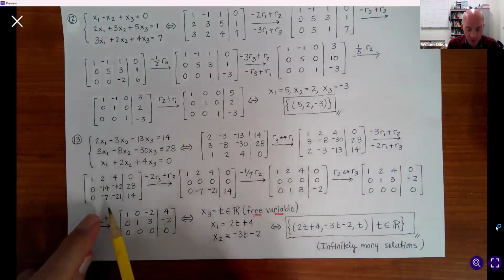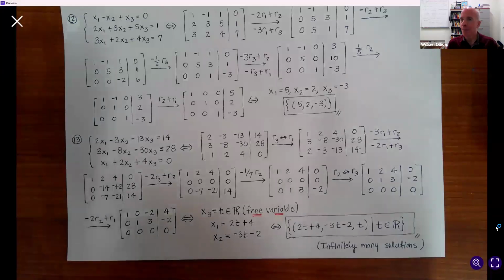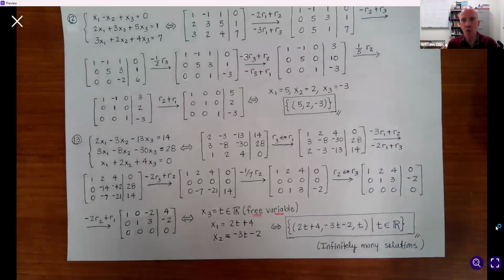So notice, if we multiply row 3 by -2, that creates a 14. If we add it to that, it creates a 14 in row 3. And if we add row 3 to row 2, we get the 0 where we want it. Now, that doesn't take a whole lot of work, and it's easier because we didn't introduce any fractions.